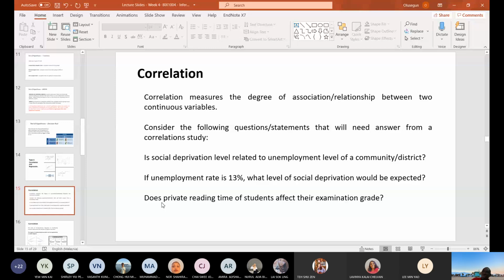So if I want to do that, let's say we are postulating that the taller the person is, the heavier the person is. That may not be in all cases. Some people are short, but they have more weight.